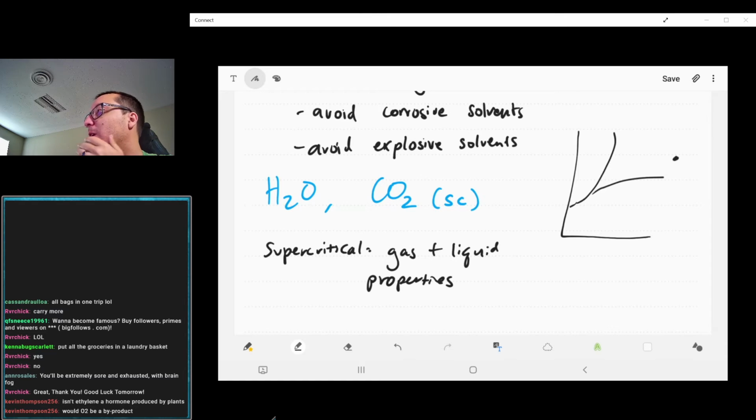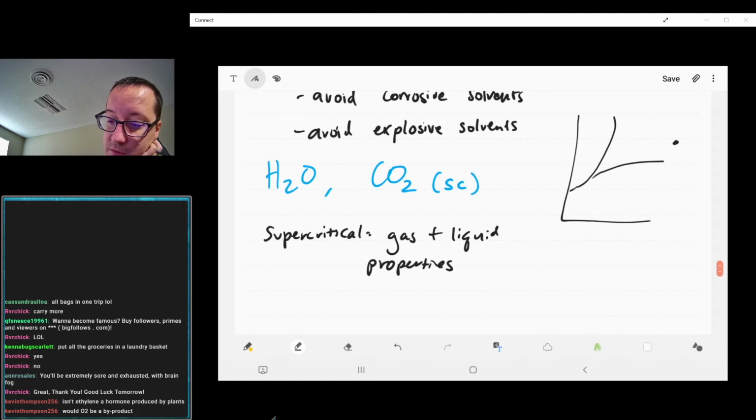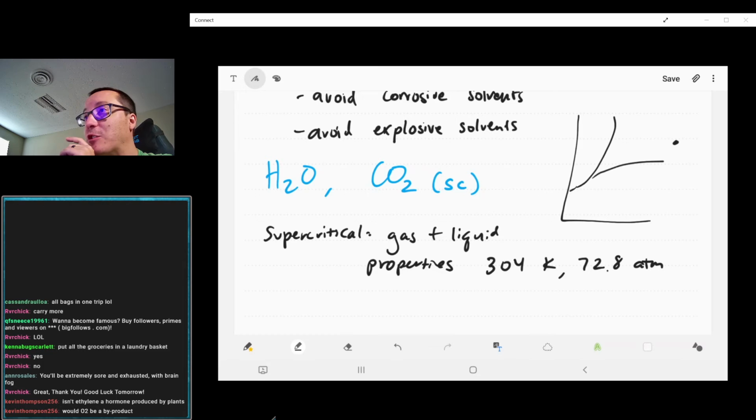Okay, so its critical temperature is 304 Kelvin and 72.8 atmospheres. So above these two, carbon dioxide becomes a supercritical fluid. 72 atmospheres is not that big, chemistry speaking. A lot of glassware and reactors can handle hundreds of atmospheres of pressure, so 72 is not terrible.